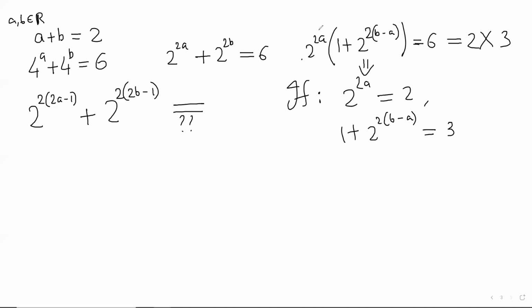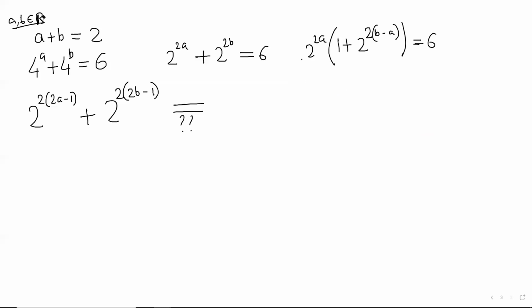Because these are real numbers, right? 6 is not 2 into 3 only. 6 is many other things, for example, root 7 minus 1 times root 7 plus 1. Yeah, I understand that it's naturally that, but we don't know. So how else can we try this question?